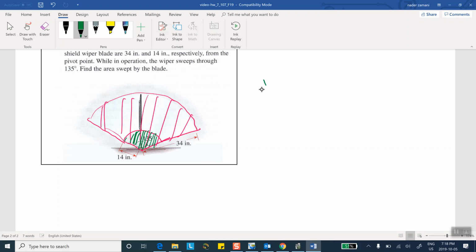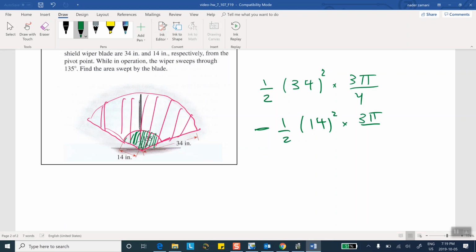So it's going to be 1/2 of the big area, radius 34 squared, and the swept angle is 135 degrees, which is 3 pi over 4, minus 1/2 of 14 squared times 3 pi over 4.